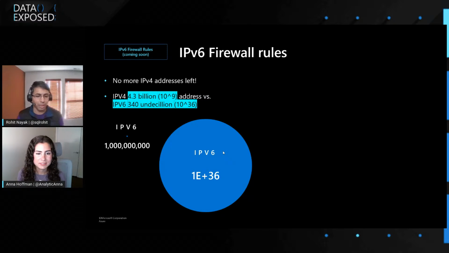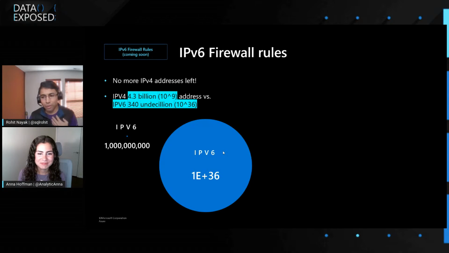IPv6 just upped the game by going to, I think, three undecillion? I'm not sure I've even seen that as a word. It's a very big number, that even with all the IoT devices, the mobile phones, what have you, based on what I've read, we shouldn't be hitting that limit anytime soon, but we'll see. That's what we know as of today, right?